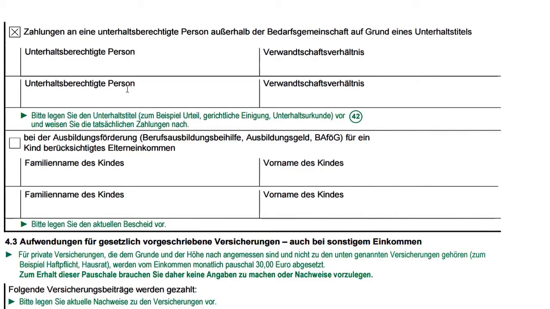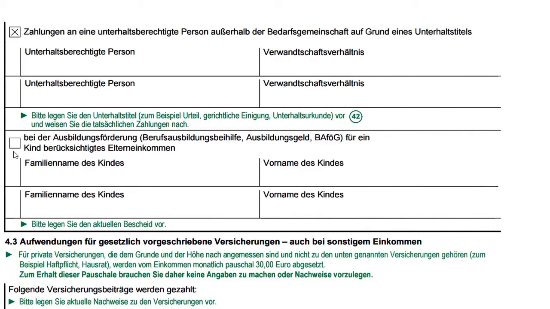If there is more than one person who has the right to get the maintenance from this person, you write the name of the second person here, and also the type of the relationship of the second person to this person here. And you should also send a copy of the maintenance order, for example, judgment or court agreement or maintenance certificate, to the job center, and provide proof of actual payments to the job center.